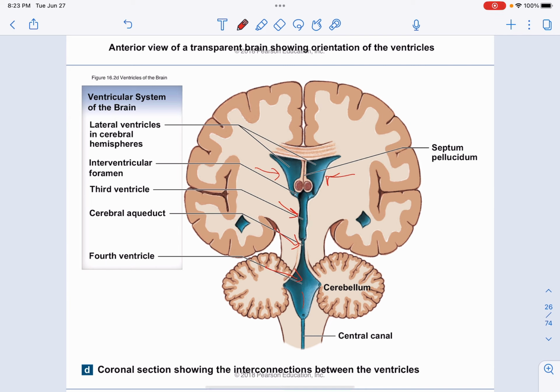And again, then it heads down to the central canal of the spinal cord. So I just showed you several different views of the ventricle system in the brain for you to see how the cerebral spinal fluid is flowing in all throughout the brain.